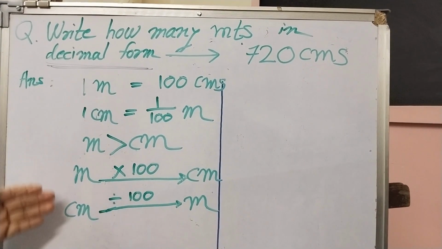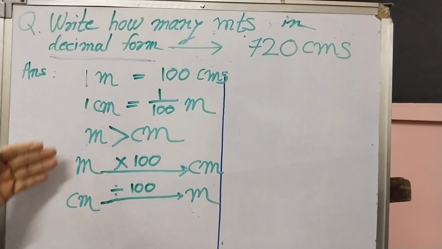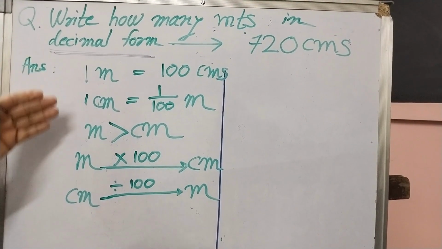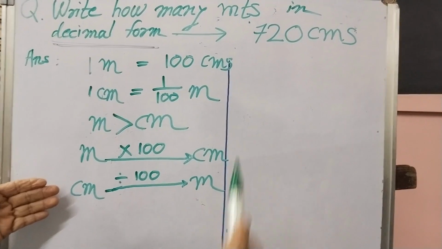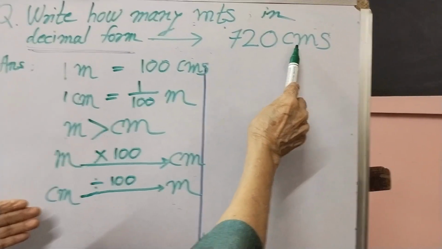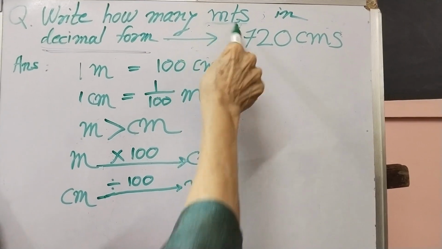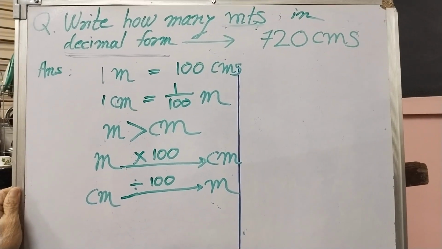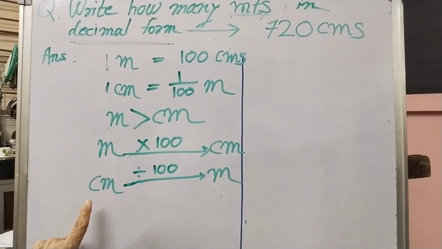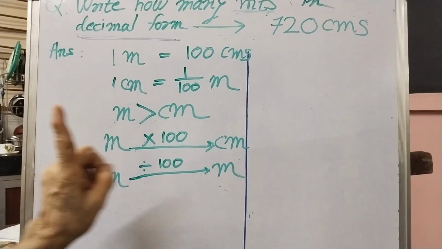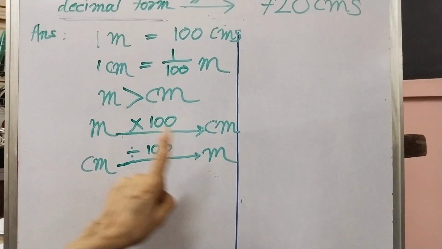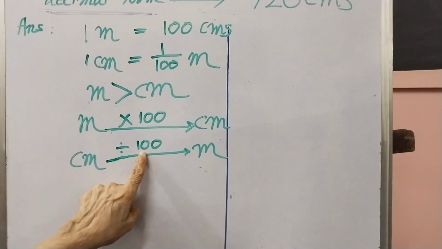And we know this relationship. By now we have understood this relationship very well. And when we want to change centimeters into meters, because the answer is asked in meters, we will have to divide by 100.